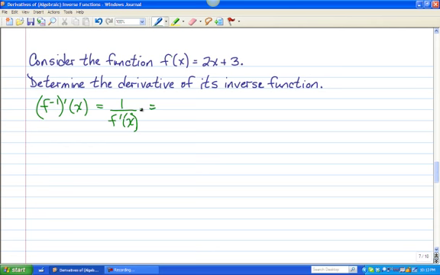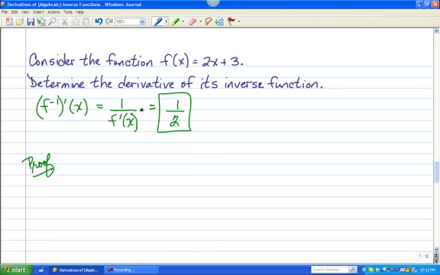Well, what is the derivative of the function 2x plus 3? It's simply 2, so your answer is 1/2. But let's actually go through it the long way as a proof of sorts.